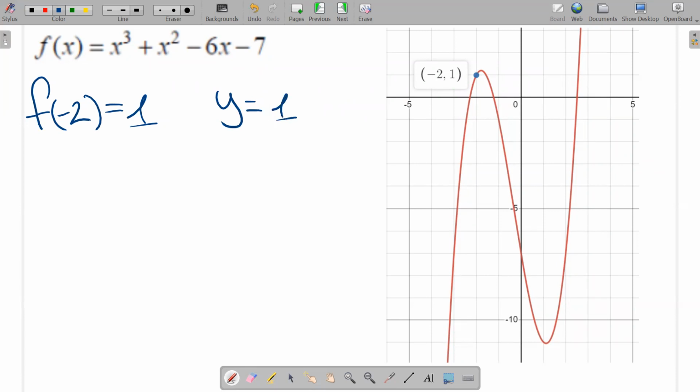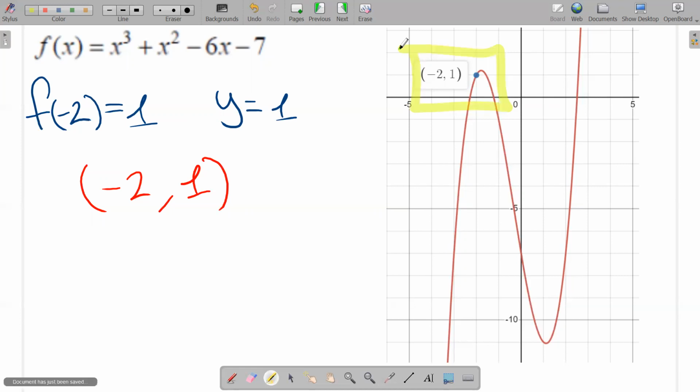So when we solve the function for -2, not only is 1 the remainder when the function is divided by x plus 2, but it also represents the coordinate (-2, 1), like we can see here. So when we solve a function for the value represented by the binomial, we will find the remainder, but also a coordinate, okay?